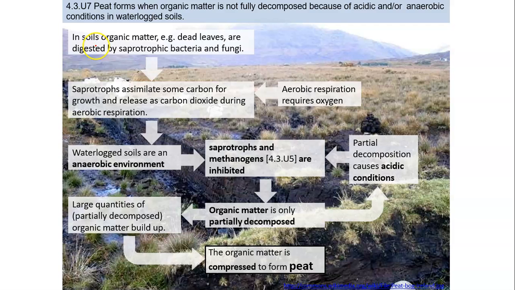In soil, organic matter like dead leaves is digested by saprotrophs, bacteria, and fungi, and then saprotrophs assimilate some carbon for growth and release carbon dioxide during aerobic respiration. Waterlogged soils are an anaerobic environment, and in this anaerobic environment, saprotrophs and methanogens are inhibited.